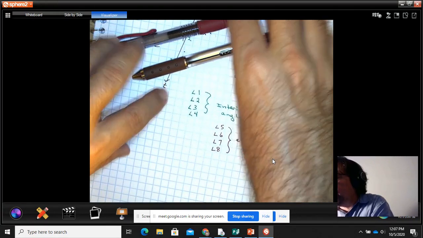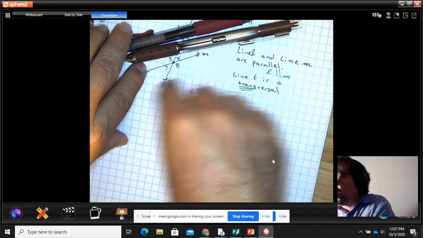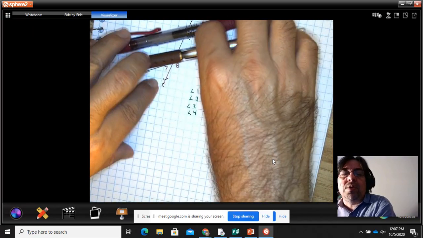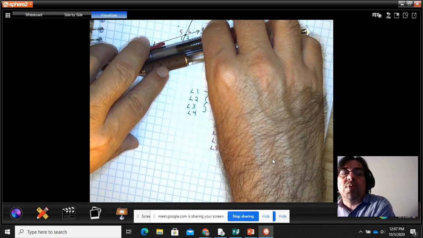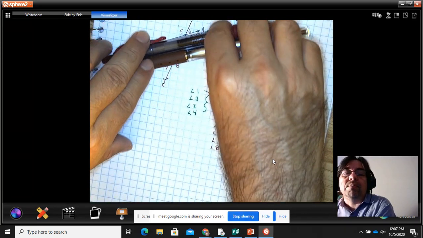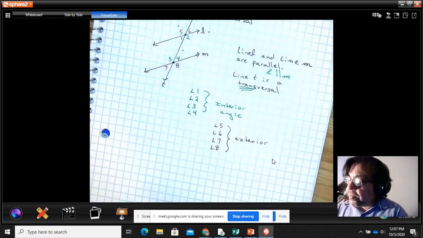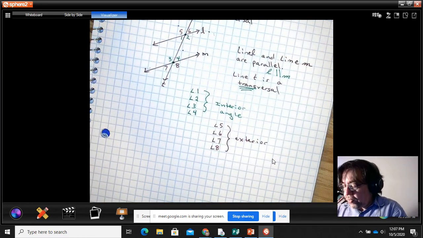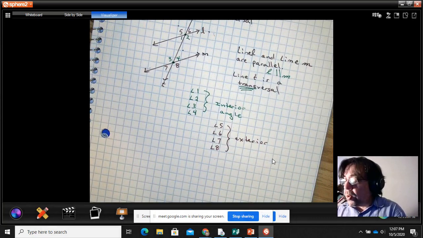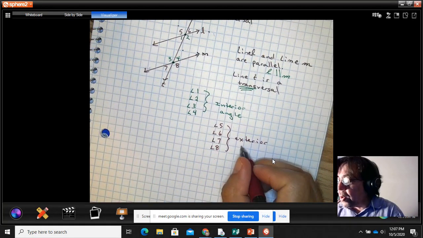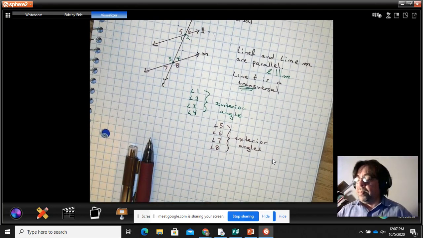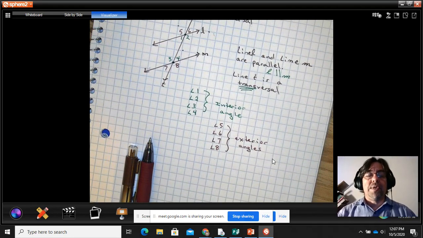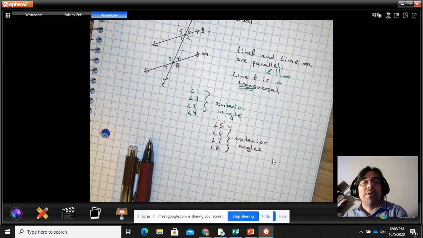They're outside the walls. 7 and 8 are saved. They will not get squashed as the two walls move towards each other. So angles 5, 6, 7, and 8 are called exterior angles. I'll pause there for a few seconds. There's a lot more to this, but this is the beginning of that vocabulary that we're going to be building.